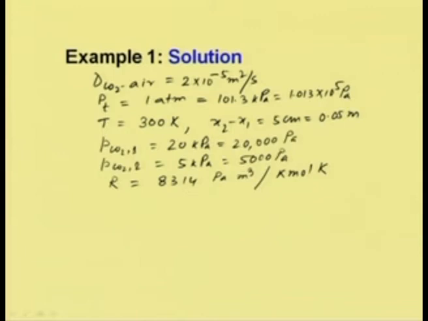And then we have to calculate the PBM. PB1 is Pt minus the partial pressure of CO2 at point 1, which is equal to 101.3 minus 20 kilopascal, which is equal to 81.3 kilopascal.